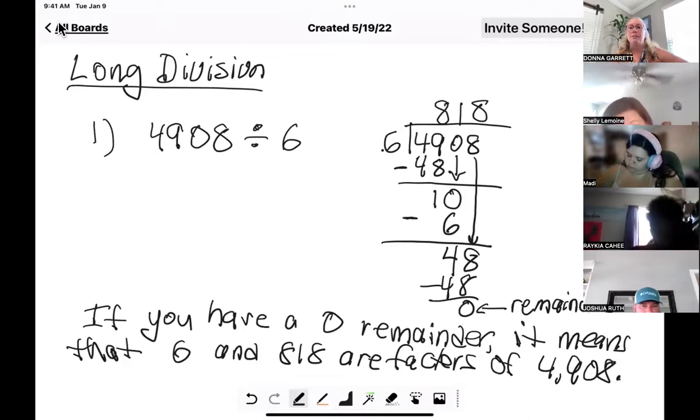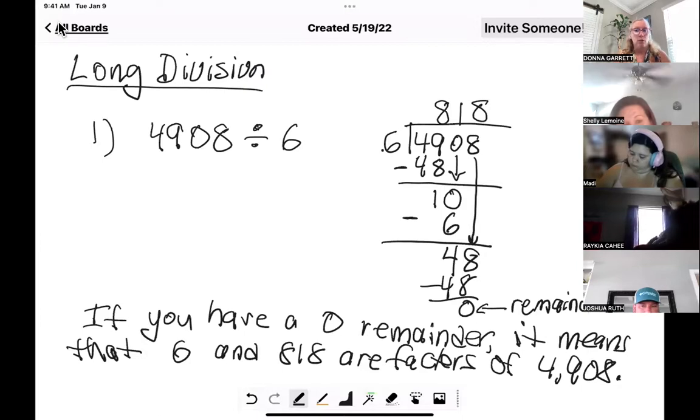Just means that they divide evenly into each other. So if I multiply 818 times 6, I'm going to get 4,908. I'm going to have 0 remainders. They're perfectly factored, perfectly multiplied.